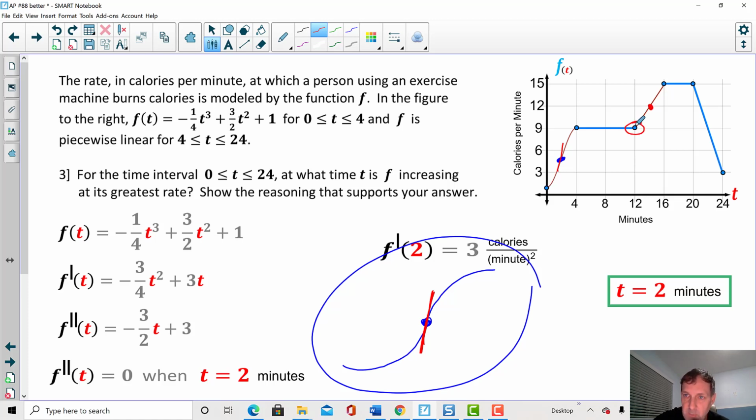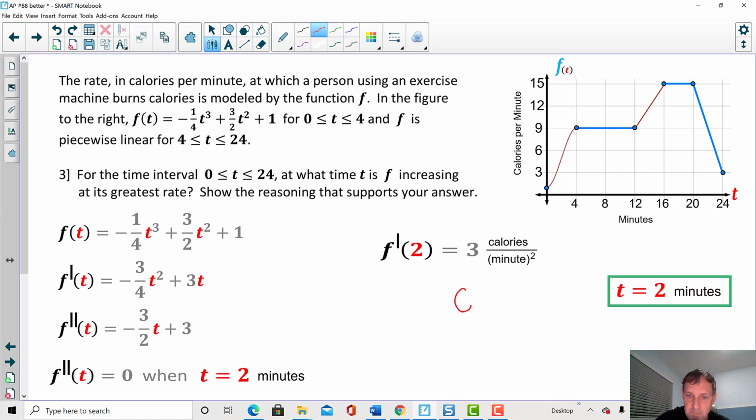We're at 9 and we go up to 15. So that means we went up 6. And then we're going to go right 4. So if we go up 6 and we go right 4, that's a slope of 3 halves. And 3 halves is the same thing as 1.5. So the slope over here is 1.5.